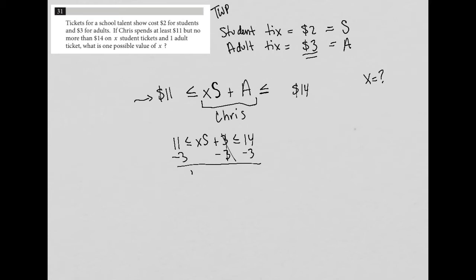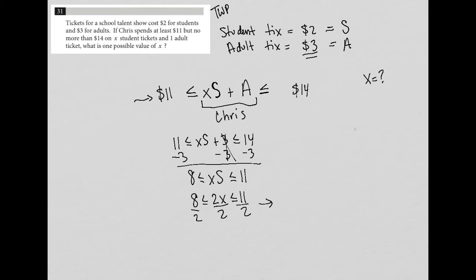So I have 8 less than or equal to xS less than or equal to 11. And since I know that the student tickets are $2, I can replace S with 2. So really I have 8 less than or equal to 2x less than or equal to 11, which again allows me to divide everything by 2.